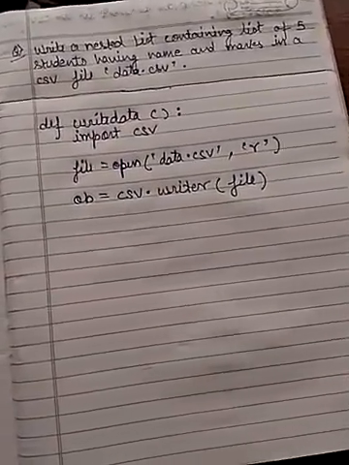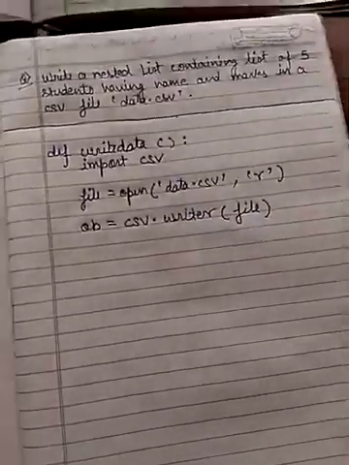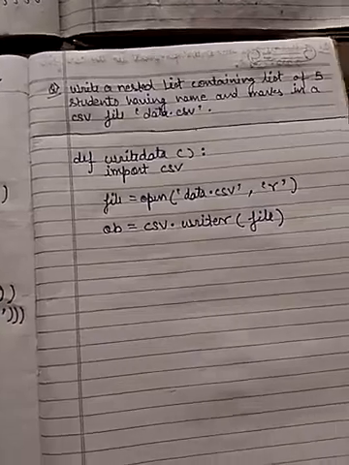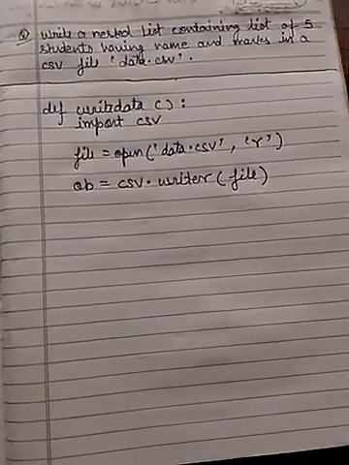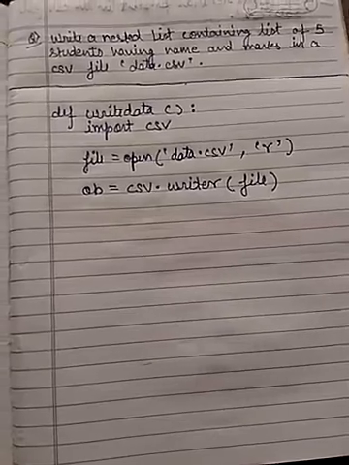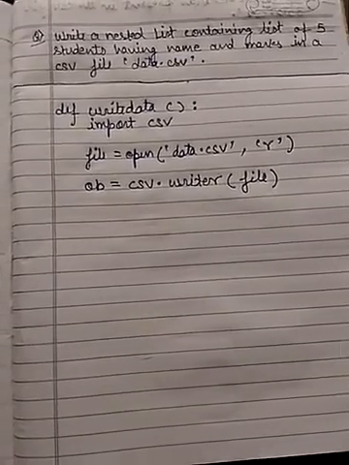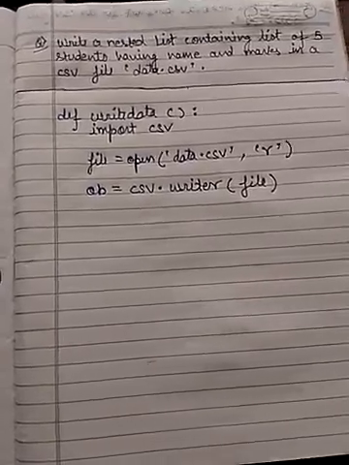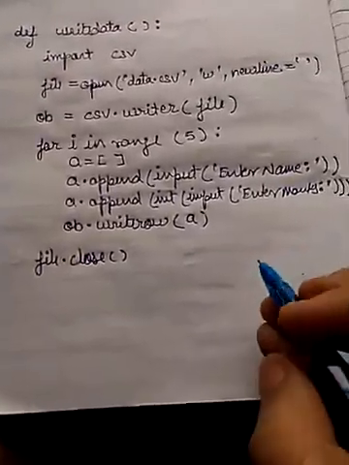Now we have to create a nested list containing records of 5 students. So here we have to use two lists. We want to create a nested list having name and marks of 5 students. It will be like this.